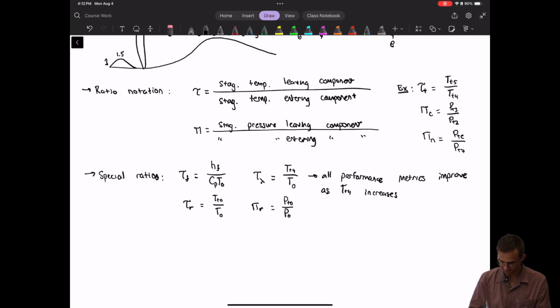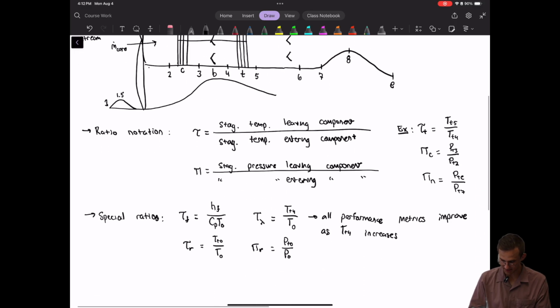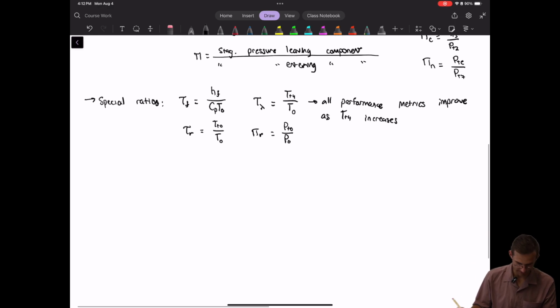So there's our engine labeling scheme and a couple of those ratios. Like I said, I don't think in this lecture we'll be using the ratios very much, but as time goes on, you'll see them sneak into more and more of our expressions. So now let's go ahead and finally get started with the ramjet.